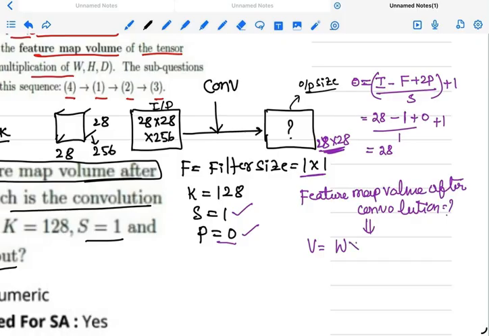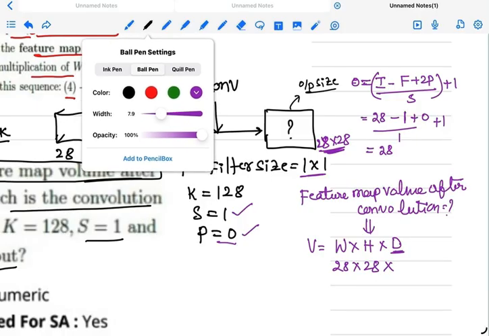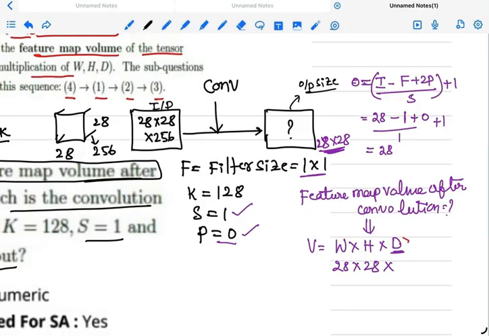Volume V equals W times H times depth D. Width and height are 28 cross 28, and depth is very important, you can remember: for convolution layers, the depth is K, the number of filters, not the input depth.